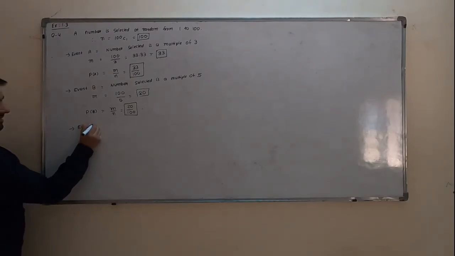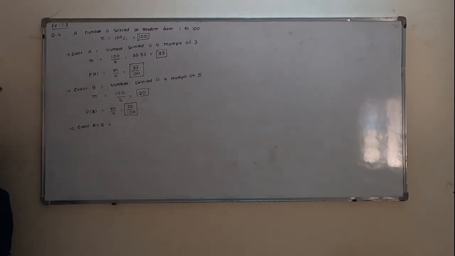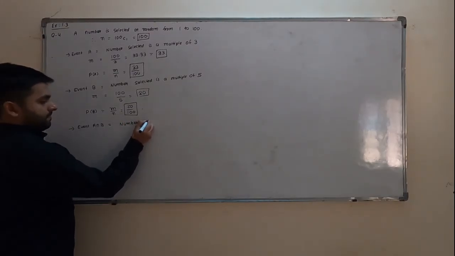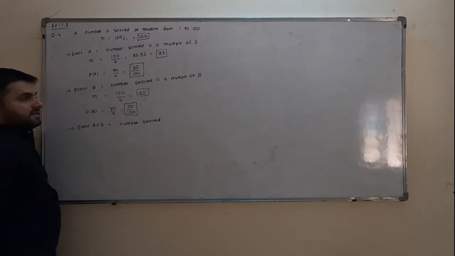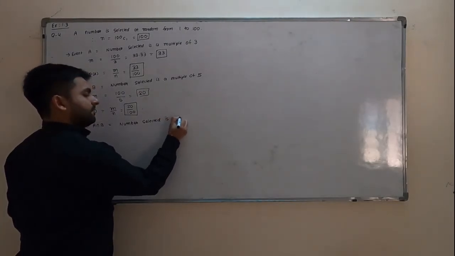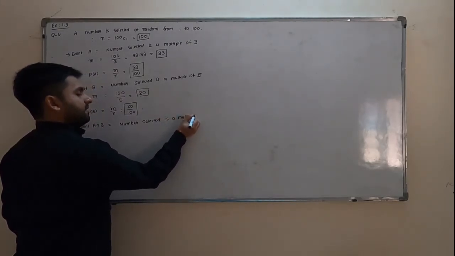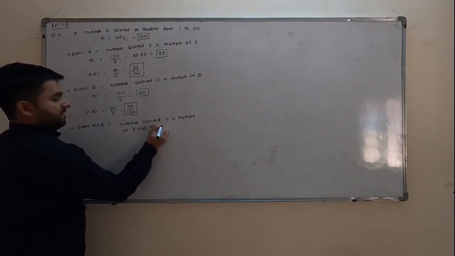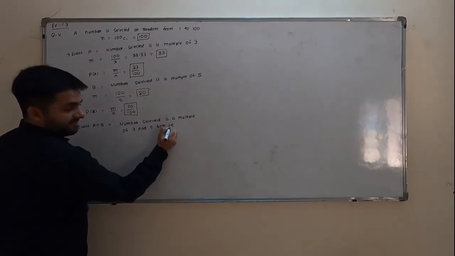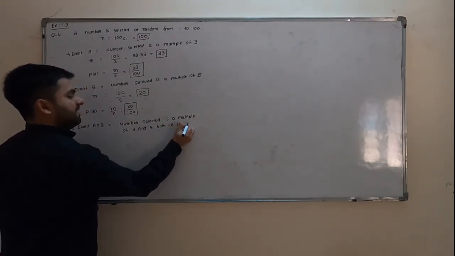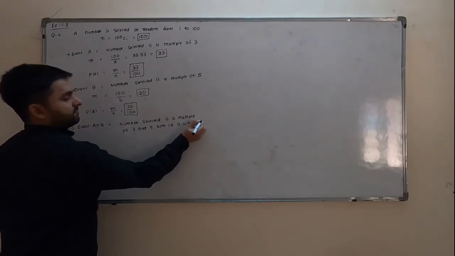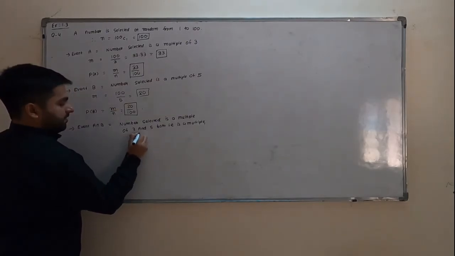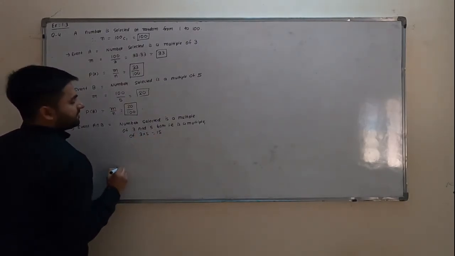Then event A intersection B. Number selected is a multiple of 3 and 5 both. That means I.e., a multiple of 3 into 5, that is 15.